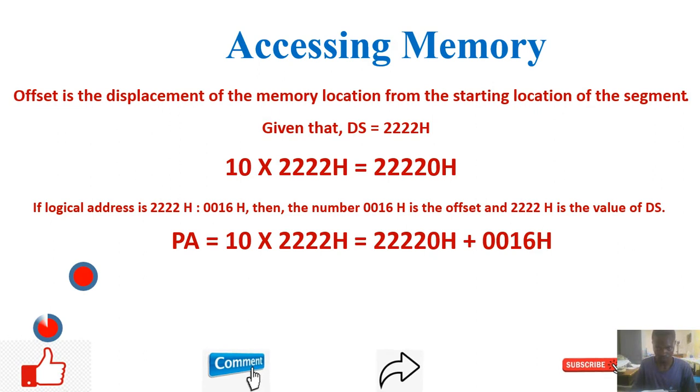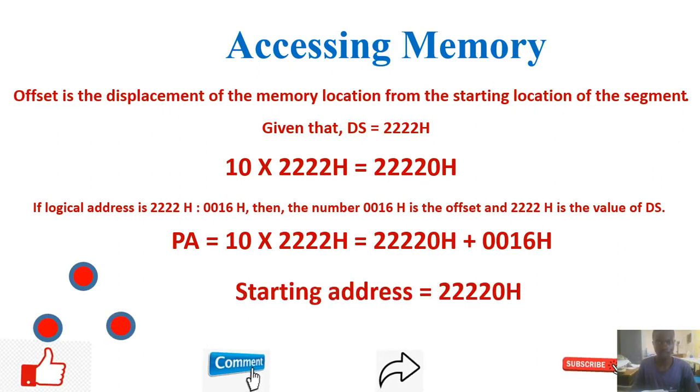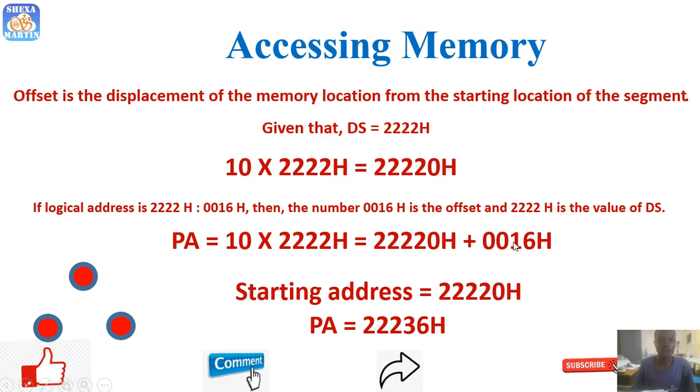Therefore, our starting address is the one calculated earlier, which is quad 20h, and then to get the physical address we add our offset. So after adding our offset we get our physical address, that is PA.